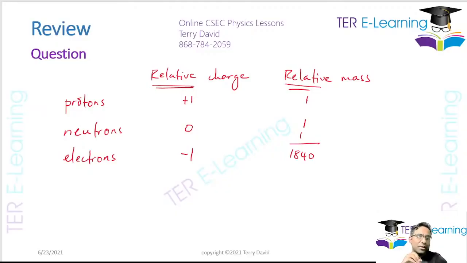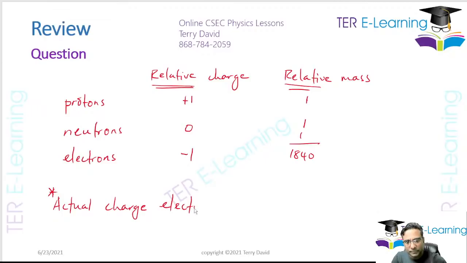Now, I use the word relative here, but there is also the actual charge. You don't have to learn this off, guys. The actual charge of an electron in coulombs is something like minus 1.6 times 10 to the minus 19 coulombs.